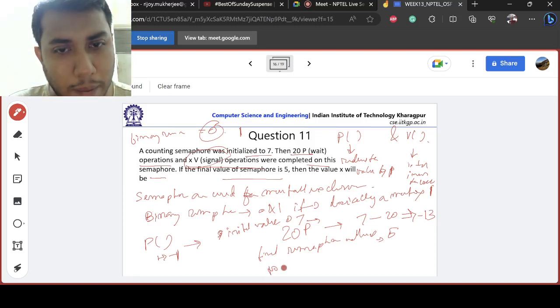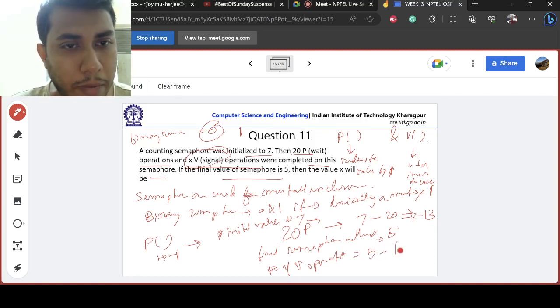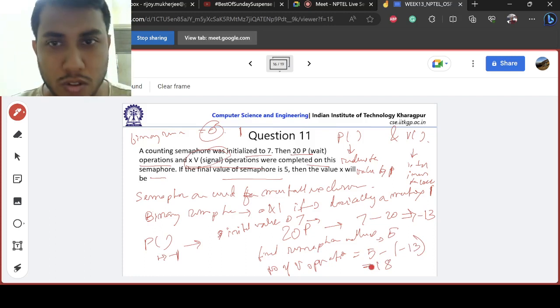So the number of V operations will be the difference between 5 and minus 13, which is 18. So the value of x will be 18. We are doing 18 V operations, V signals.